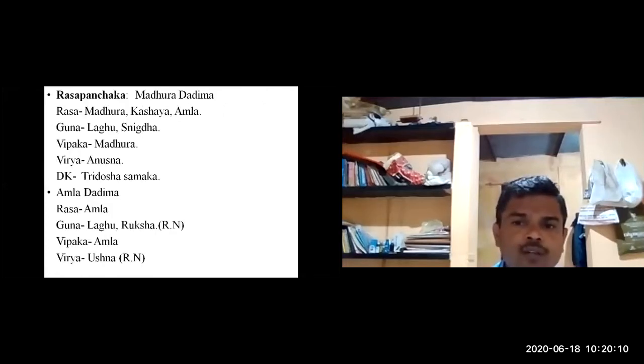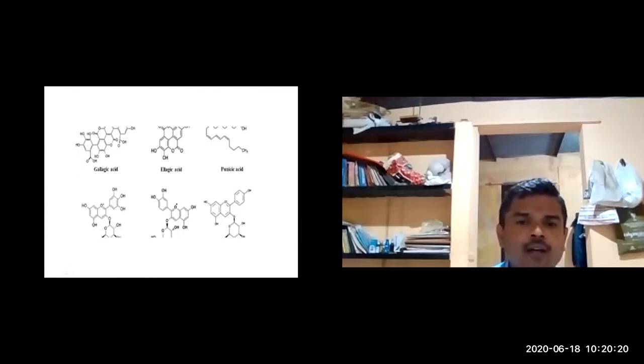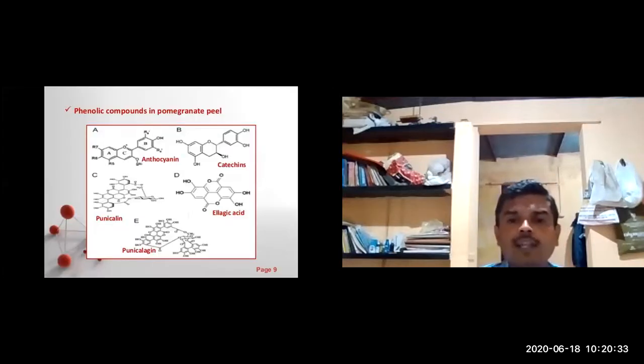I will show the pictures of this. Punicalazine, anthocyanin, ellagic acid. Okay. These are some of the chemical structures, even gallic acid, ellagic acid, punic acid, punicic acid. So this is anthocyanin, catechins, punicalin, punicalagin, ellagic acid.